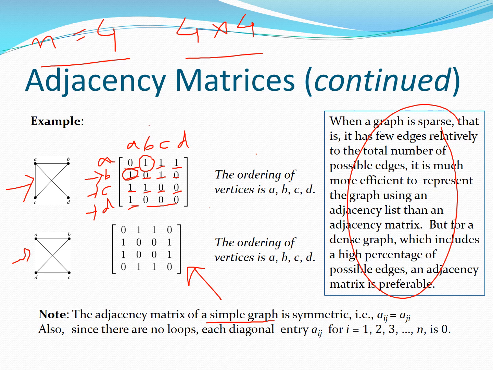So you're going to end up with a matrix where your lower triangular matrix is a mirror image of your upper triangular matrix. Another thing is that your diagonal elements are all going to be 0 because there are no loops in a simple graph.